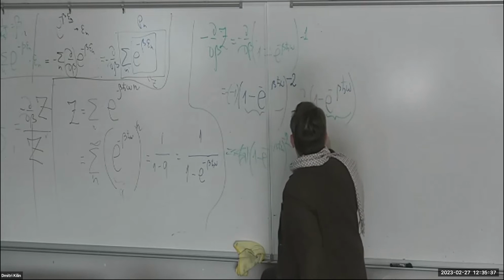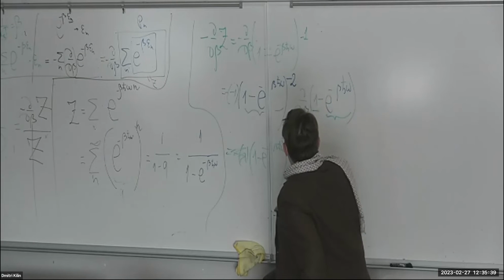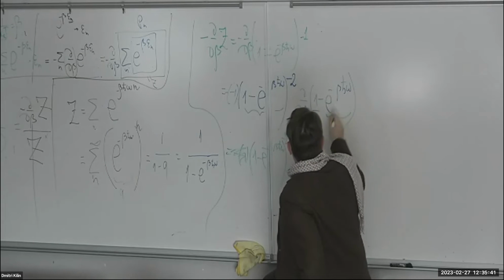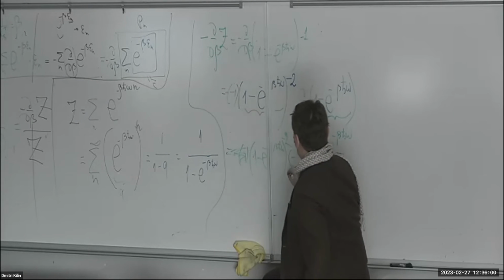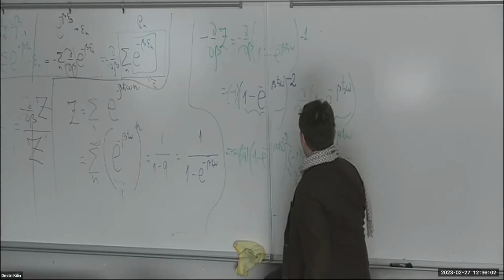And then derivative of the exponential over beta will be minus h bar omega. Exponential stays itself, e to the minus beta h bar omega, and we have another minus here. So there were 2 minuses here that canceled, and here there are 2 other minuses that cancel into plus.